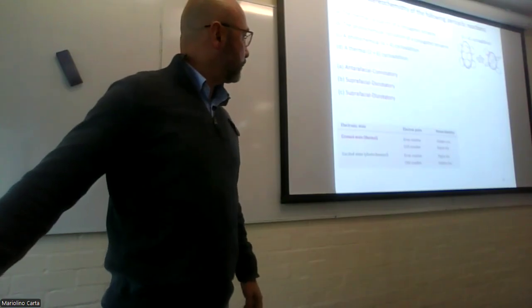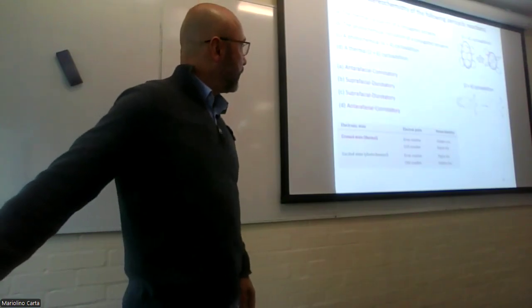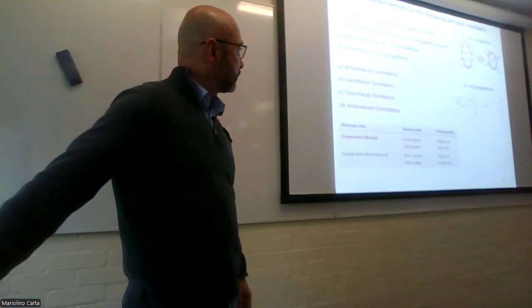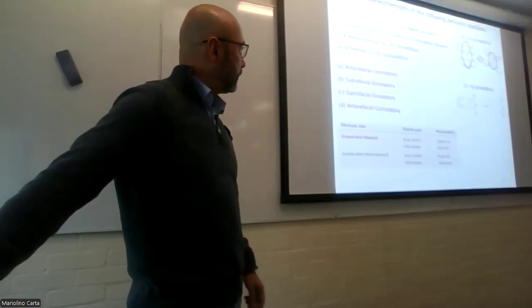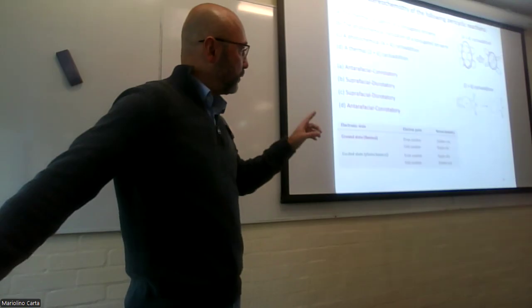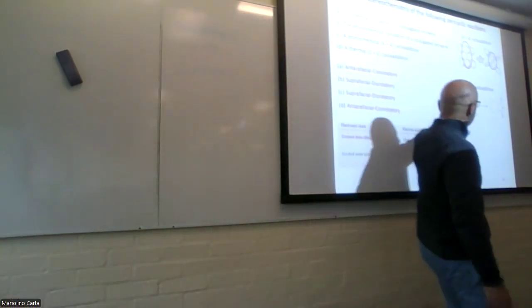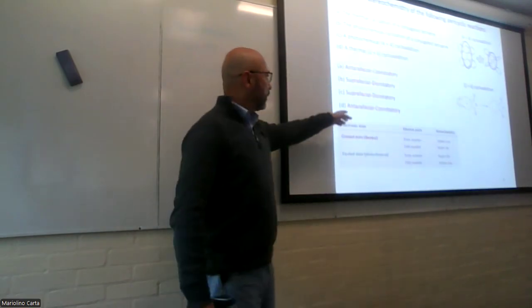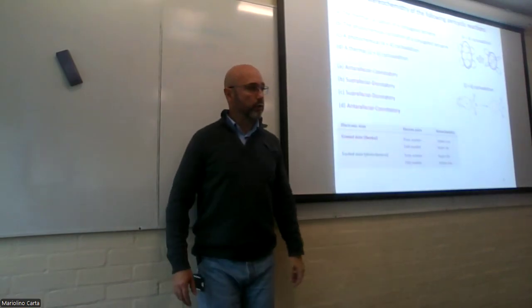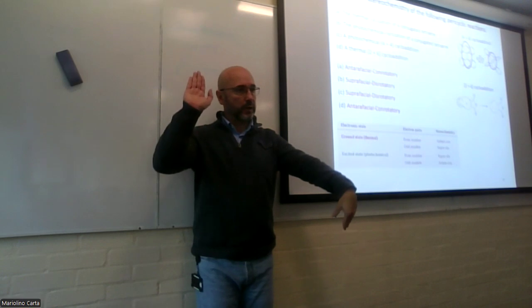Last example, 2+6 thermal. Again, even number of electrons has to be antarafacial conrotatory. So if you do this kind of reaction, for instance, you build your molecular orbitals, you will see that the lobes are going to be antarafacial, so one on the one side, one on the other.